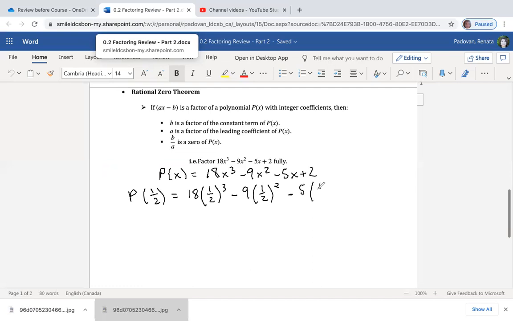Take away 5 multiplied by 1/2 plus 2. So that's 1 being cubed, 1 times 1 times 1, and that's also the 2, the denominator being cubed, 2 times 2 times 2. So that's 1/8, 1/8 times 18. So 18 multiplied by 1/8. Subtract 9 multiplied by 1/4.